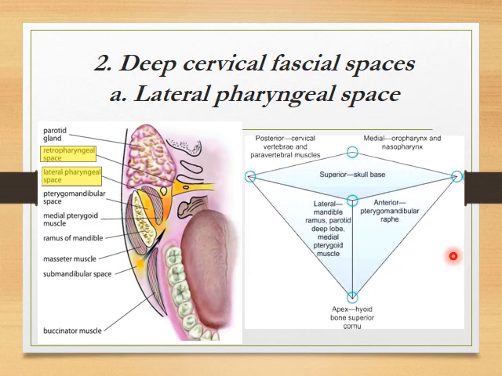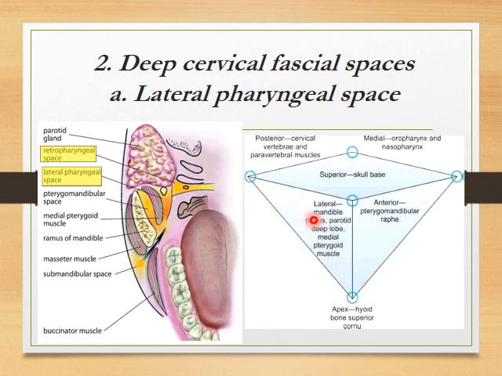The first of the deep cervical fascial spaces is the lateral pharyngeal space. It is described as a pyramid, so we will discuss its borders as a pyramid. It extends from the base of the skull superiorly to the hyoid bone inferiorly.